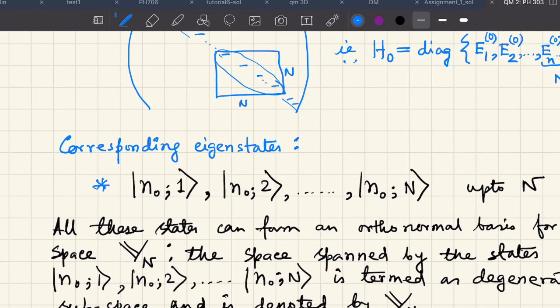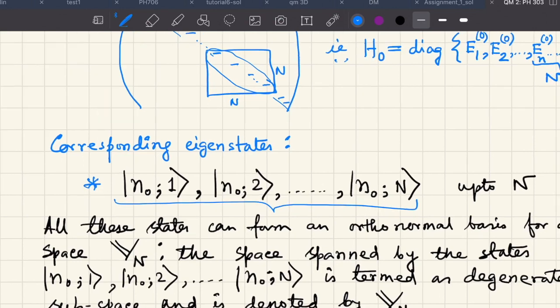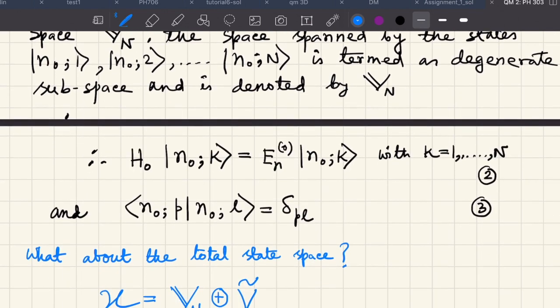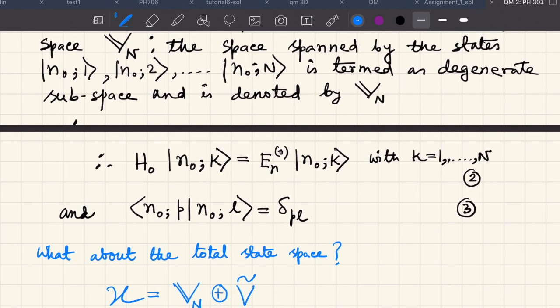The space spanned by these vectors we denote by Vn, and these are the orthonormality conditions.